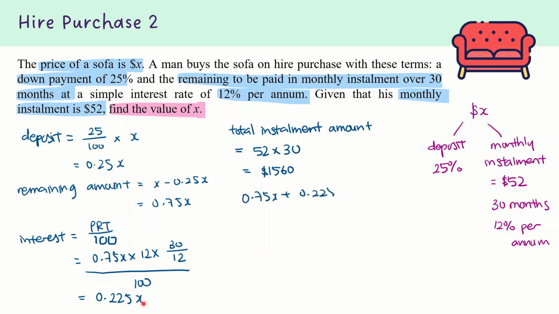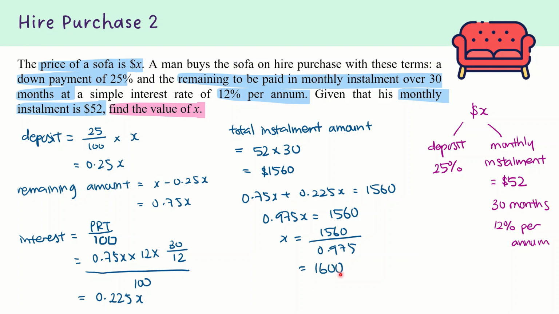Therefore, I can form an equation of 0.75x plus 0.225x equals 1,560. Then we proceed to solve our usual linear equation. We will get 0.975x on the left side when we add the like terms, and then we divide by 0.975 on the right hand side and we will get x equals 1,600. And therefore, we have found the price of the sofa, which is $1,600.